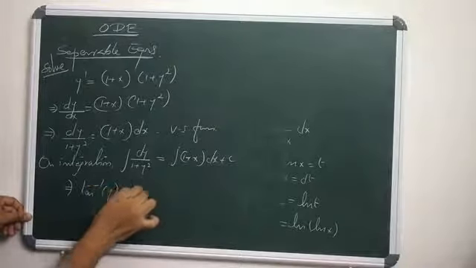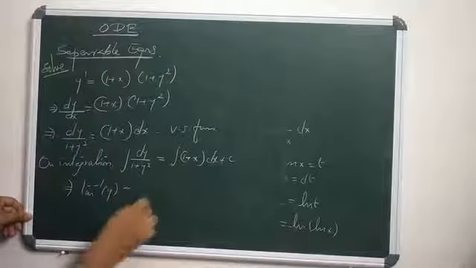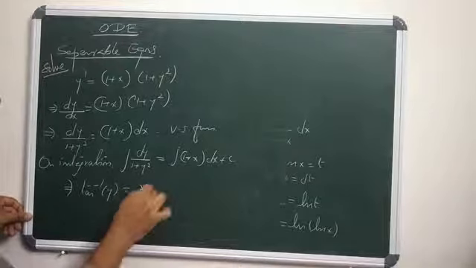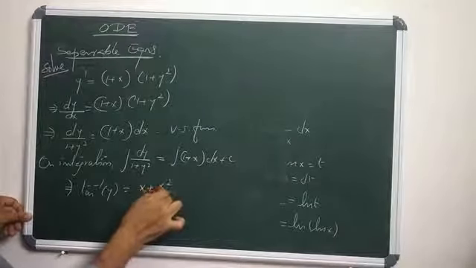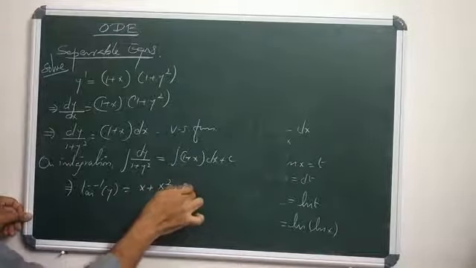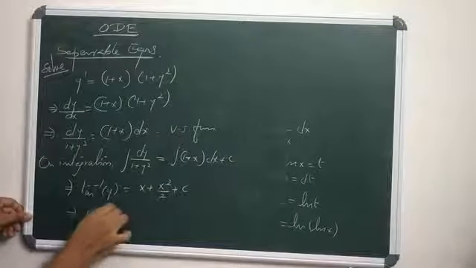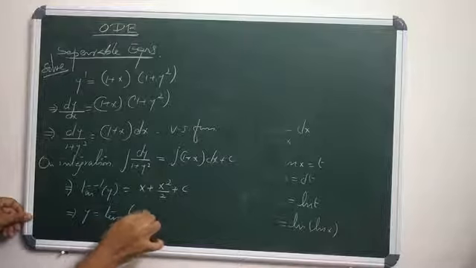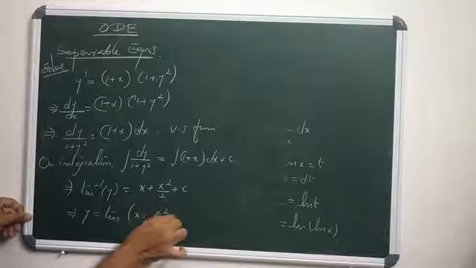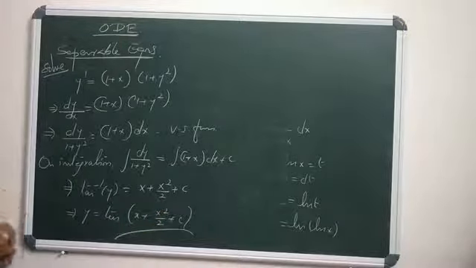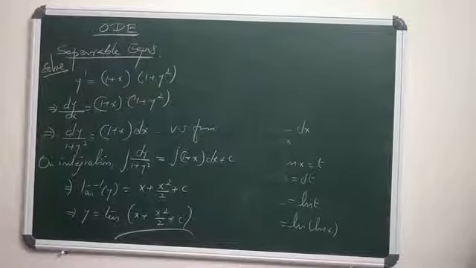So tan inverse y equals integral of 1 plus x, which means x plus x square by 2, plus c. Therefore y equals tan of x plus x square by 2 plus c is the solution of the given differential equation.